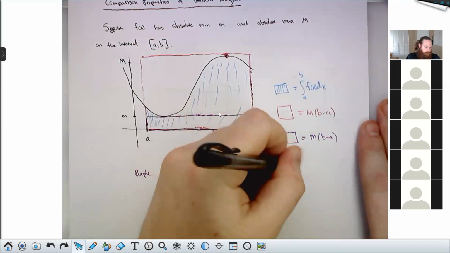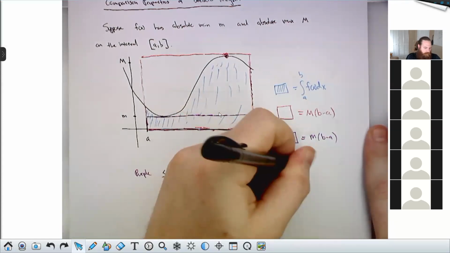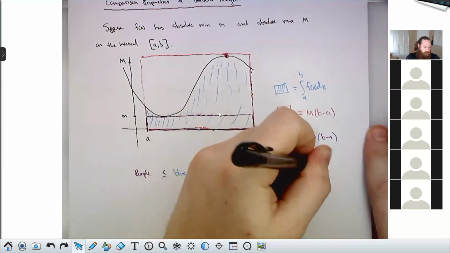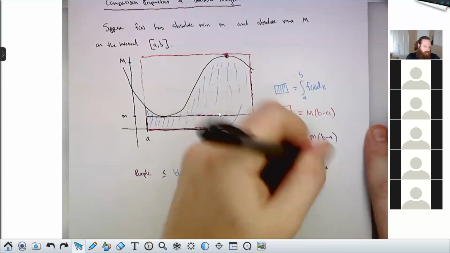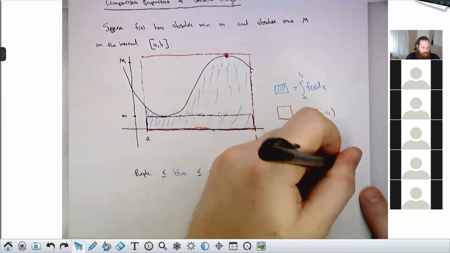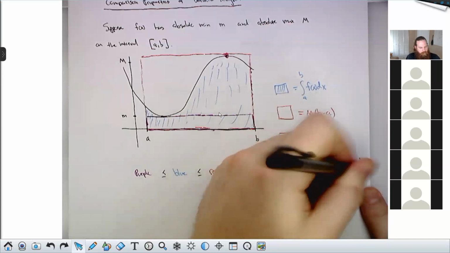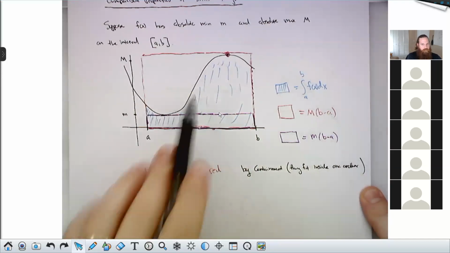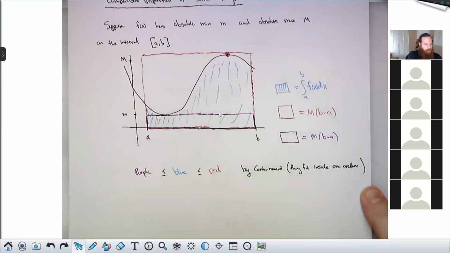They fit inside each other. Because the purple fits inside the blue, the blue is bigger than the purple. Because the blue fits inside the red, the red is bigger than the blue.